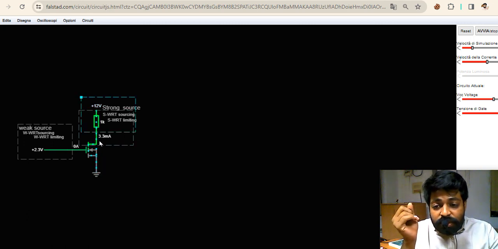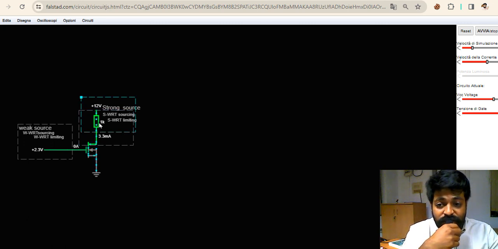And when the potential difference across the resistor is changed, the current should automatically change, but the current flowing through the particular branch is not changed, because the control of the current flow is in the hands of the gate. It is a voltage controlled current device, with a mechanism of controlling the current through the gate voltage. I didn't change the gate voltage, so the current across the branch also will not be changed. So 3.3 is constant irrespective of the voltage which you change.